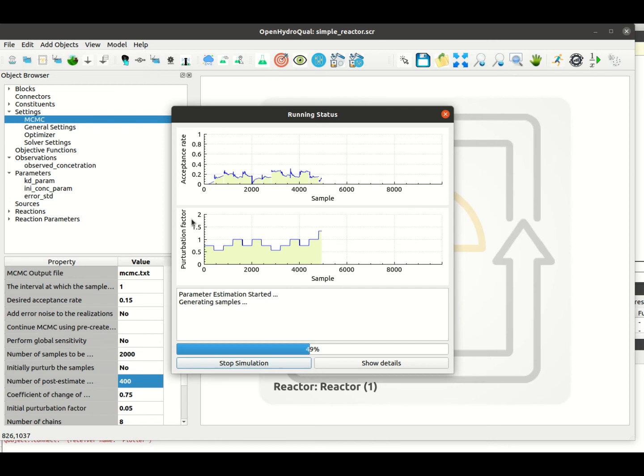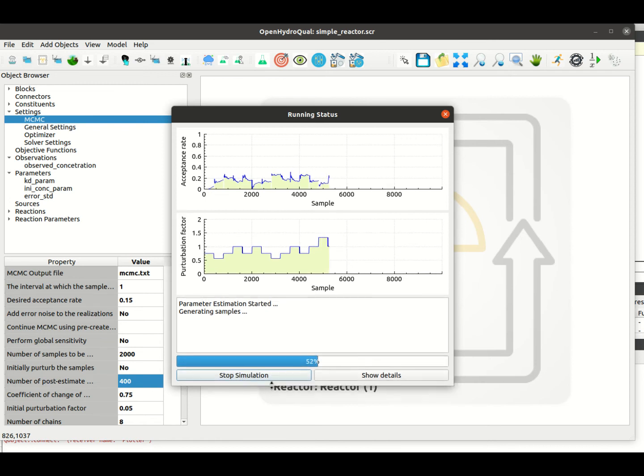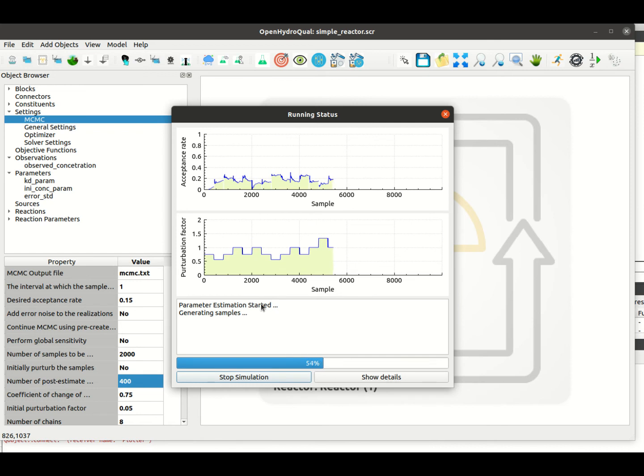The second panel shows the perturbation factor. I think every 400 samples, the perturbation factor is adjusted. That's why you see these steps. Okay, so let's give it a couple more minutes.